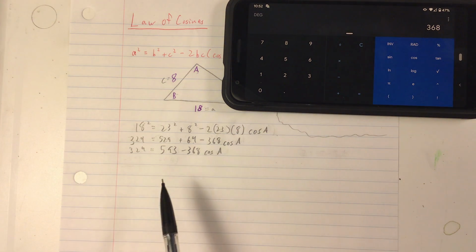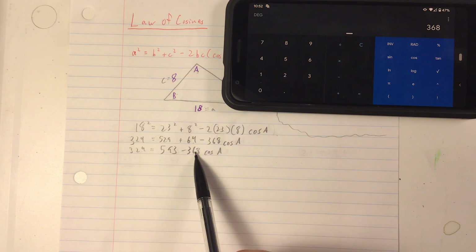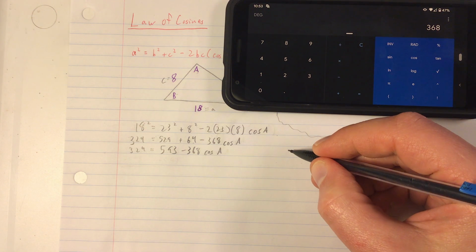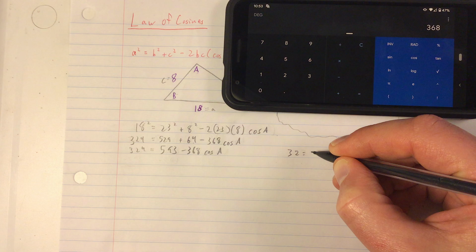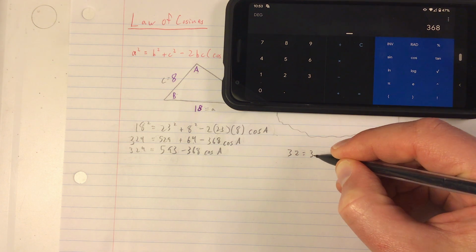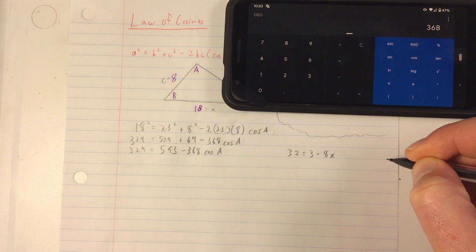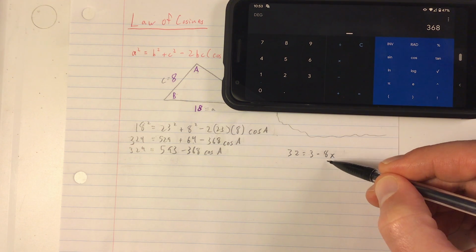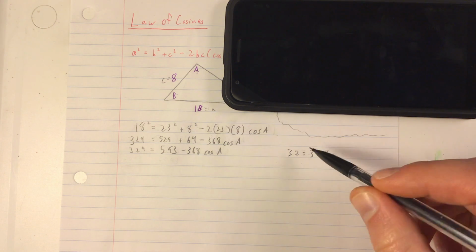Now be careful. Some people are going to try to subtract these. We can't do that. This is just like saying the problem is, let's say it was 32 equals 3 minus 8x. I wouldn't subtract the 3 minus 8 to get negative 5. No, I've moved this over to this side. Same thing here.